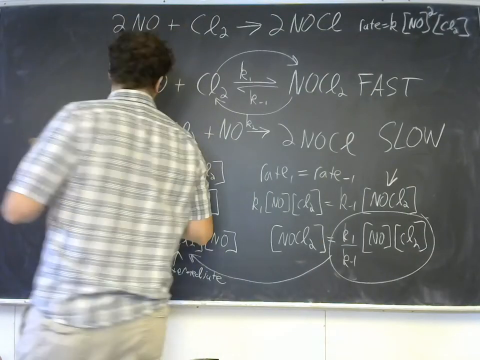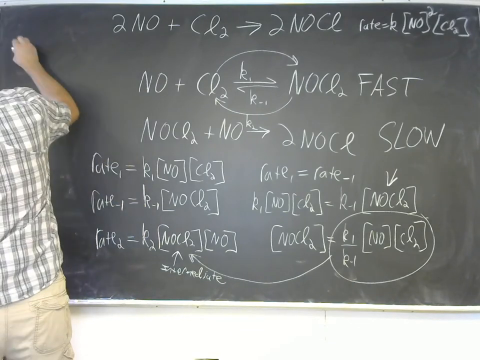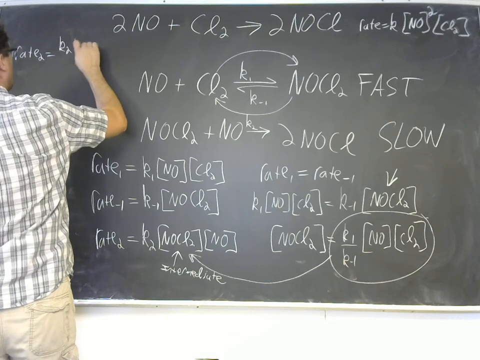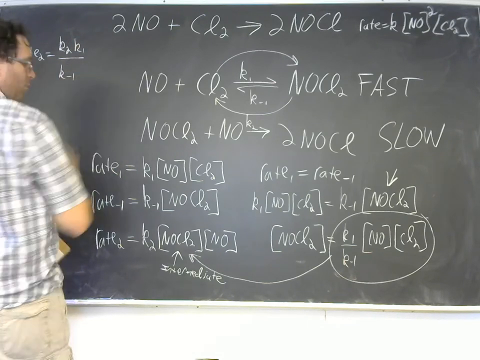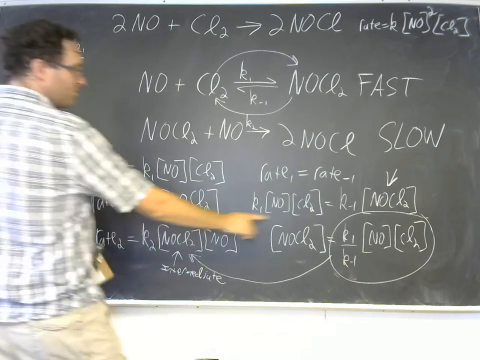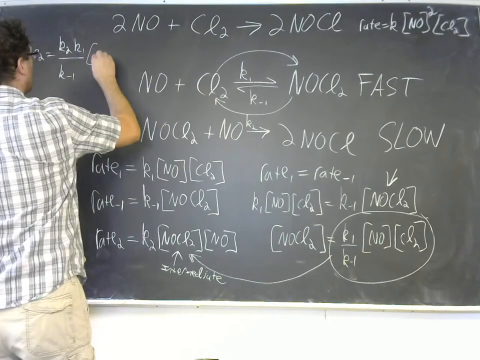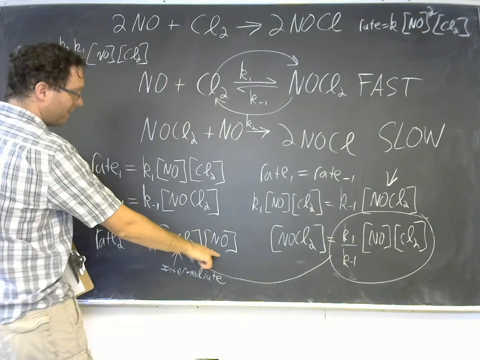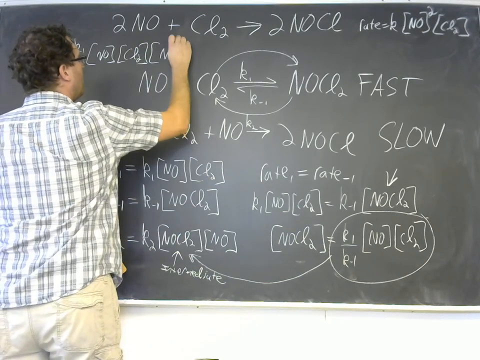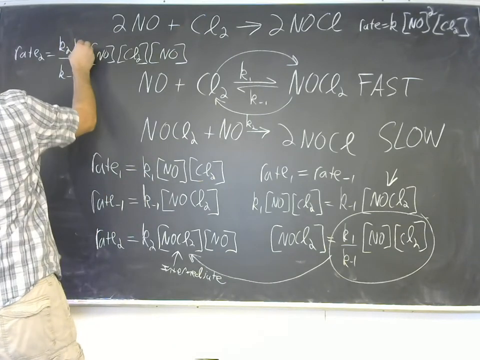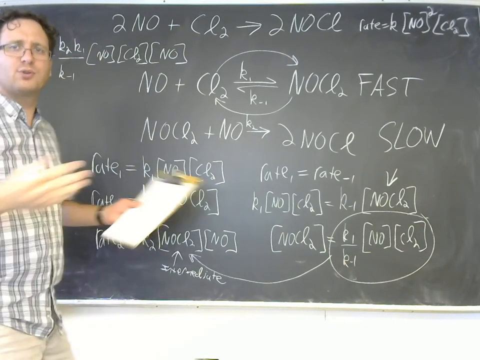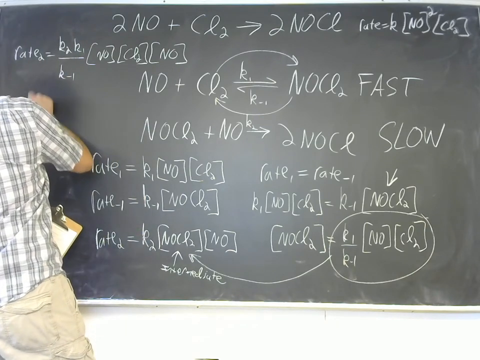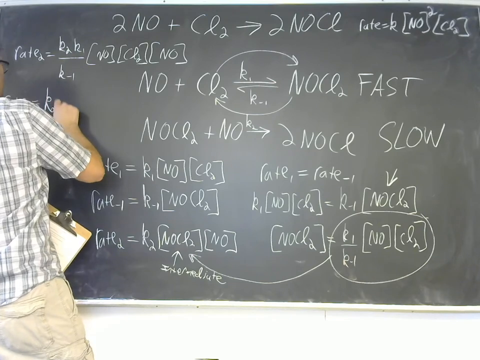So rate 2 is going to equal k2 times k1 over k-1 times NO Cl2, and then here's the other NO. Now k2, k1 over k-1, those are all constants, and so we can change them to just be k observed.